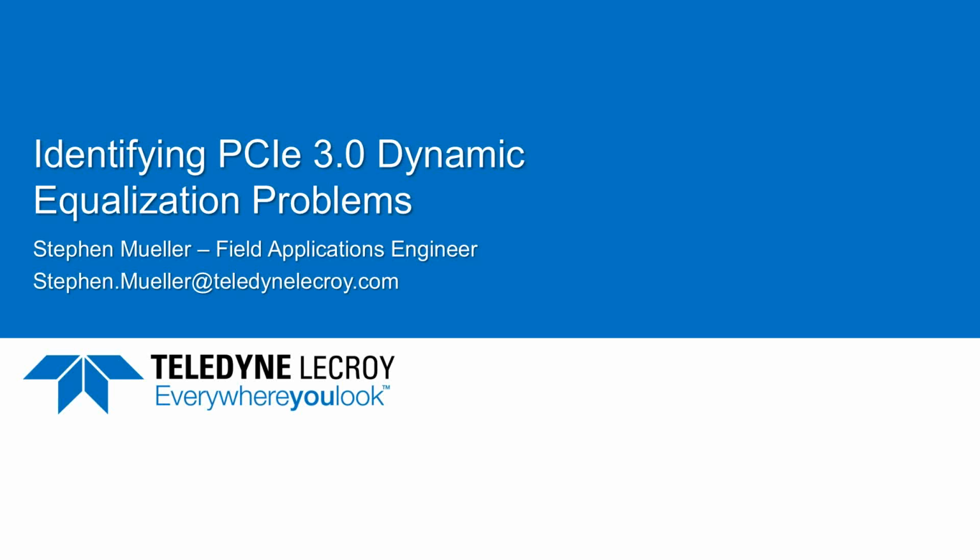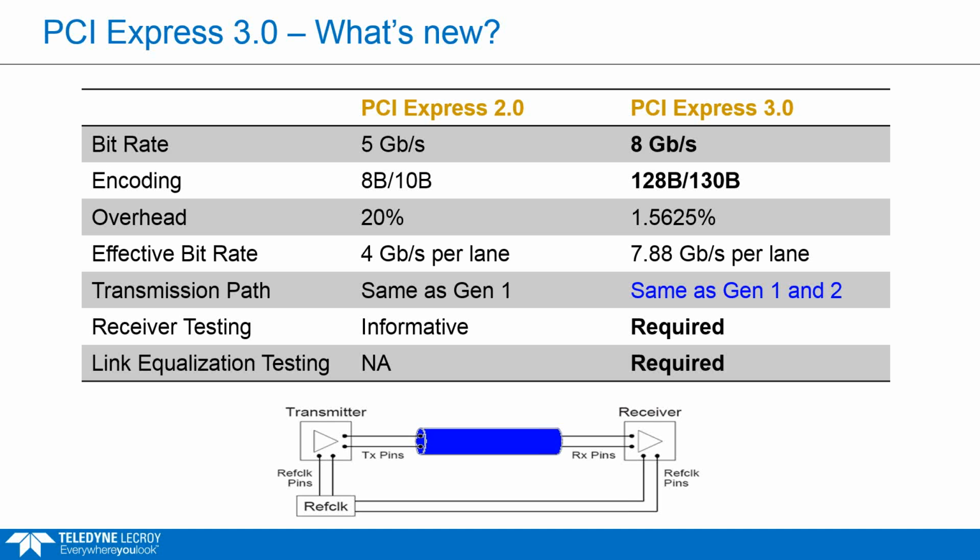Also, the encoding changed from 8B/10B to 128B/130B. This also presents some signal integrity challenges, which when combined with the higher speed definitely lead to some overall system challenges. But of course, that reduces the overhead from 20% down to about 1.5%. So the effective bit rate was almost doubled going to Gen 3, which was the idea.